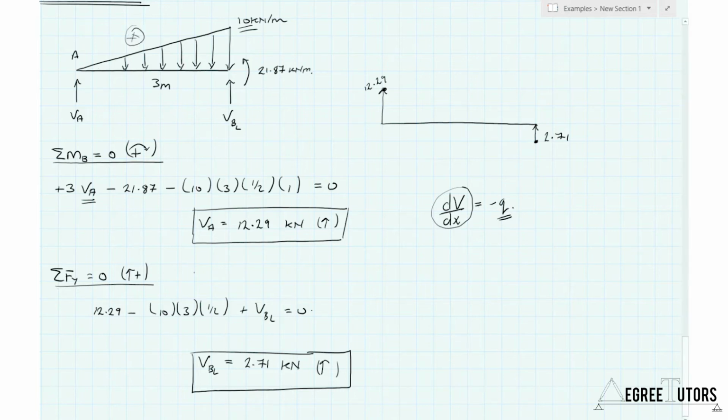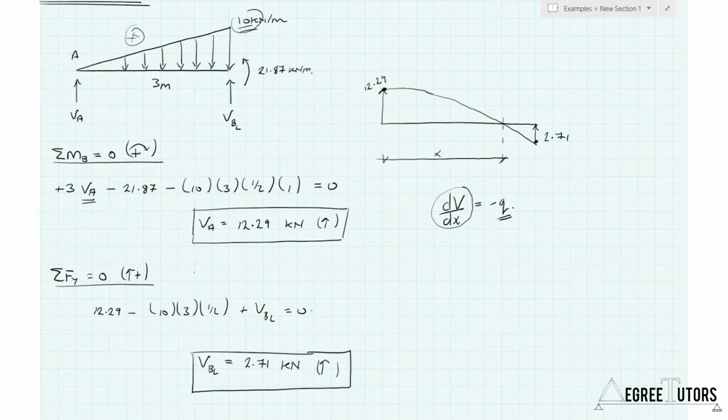Now, the magnitude of the loading at A is small compared to B, which means the slope of the shear force diagram will be small. So it starts off horizontal, and the slope increases as the magnitude of the loading increases up to 10. So we're getting a steeper and steeper curve as we get down to our 2.71. So that's what the shear force diagram is going to look like between A and B. Now we will notice as well that at some point our shear force becomes 0. We also know that where the shear force is 0, bending moment is a maximum.